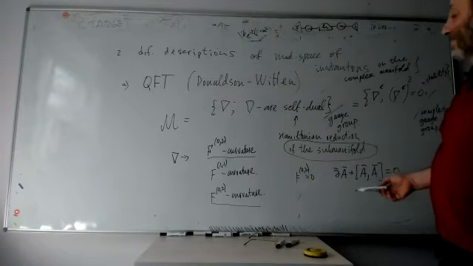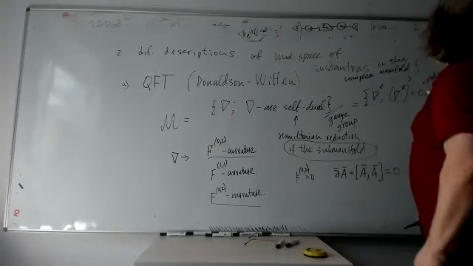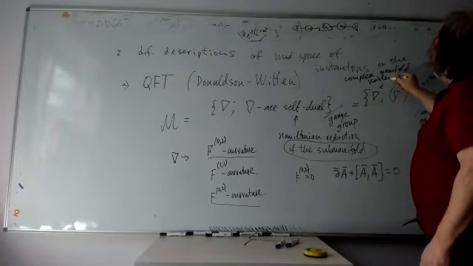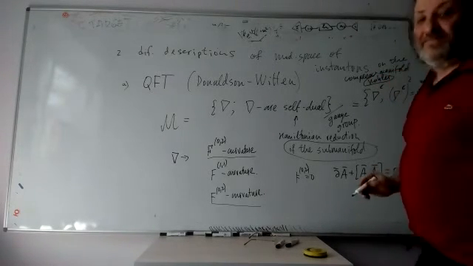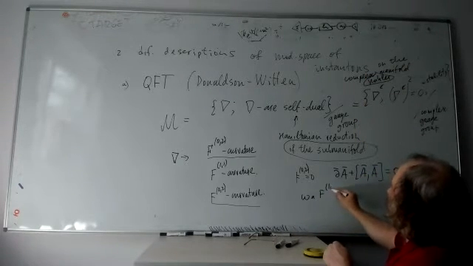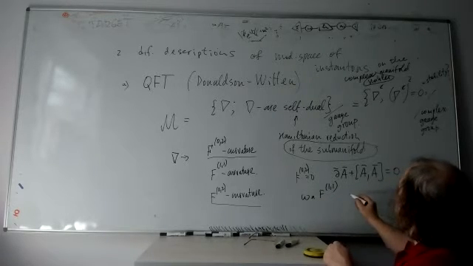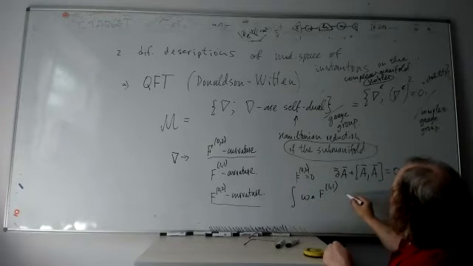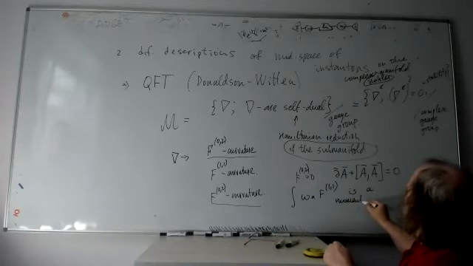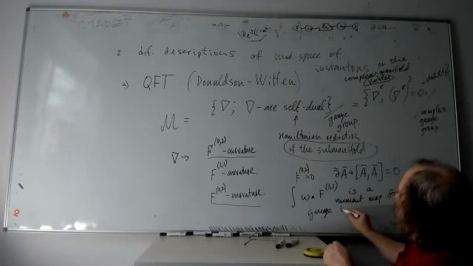And now you see, complex manifold, complex scalar manifold. And now it turns out that this guy is a moment map for gauge transformation.